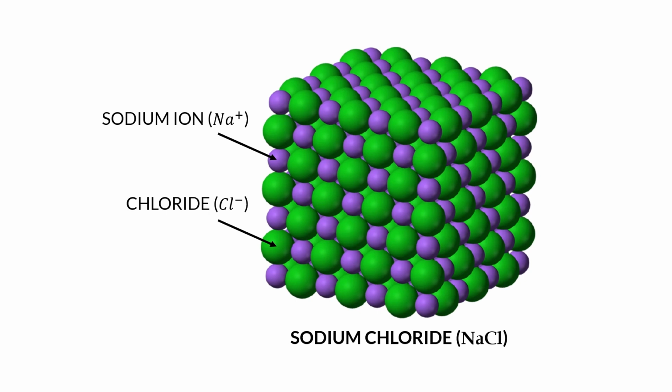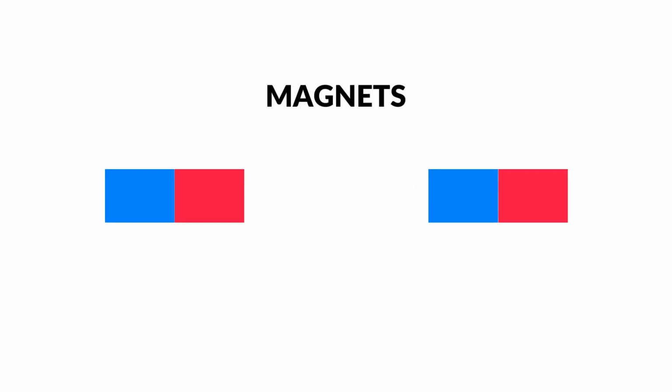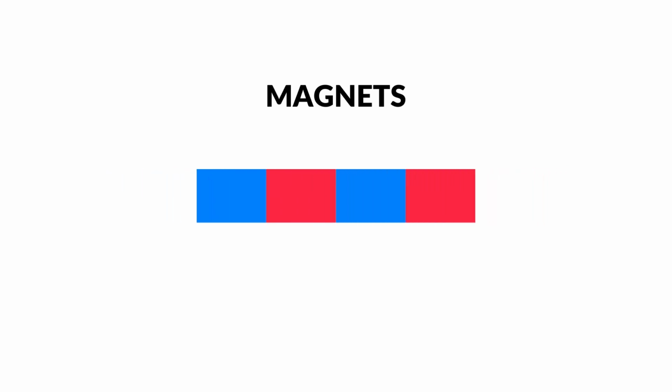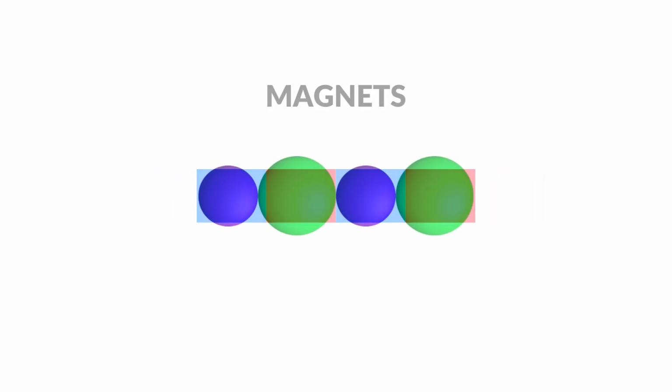Each unit has a positive ion and a negative ion, right? What do you think will happen if several units of NaCl are near each other? Just like how opposite poles of the magnet bar stay attracted to one another, the oppositely charged ions would want to stay packed together due to the super strong attraction between them.